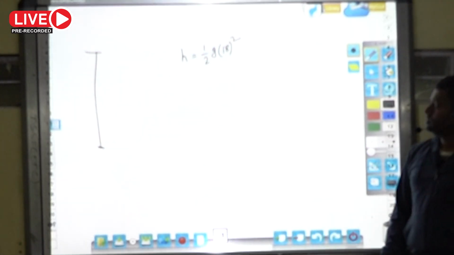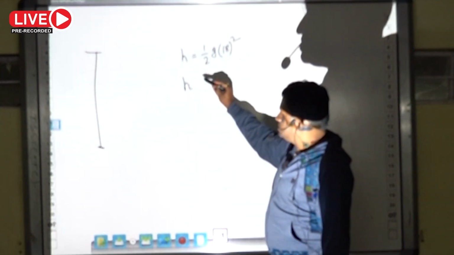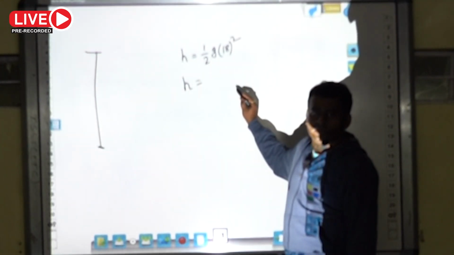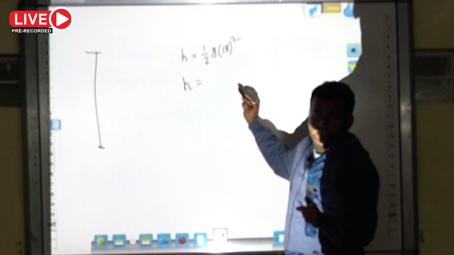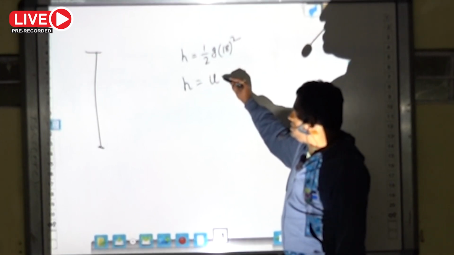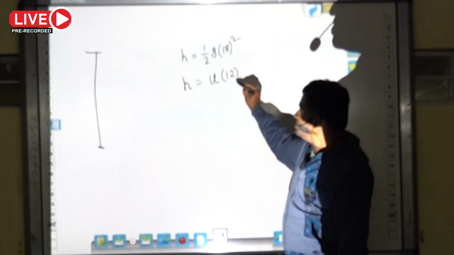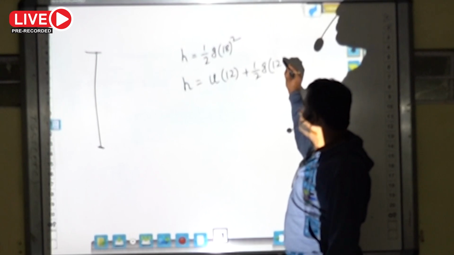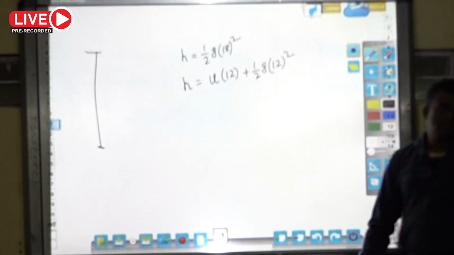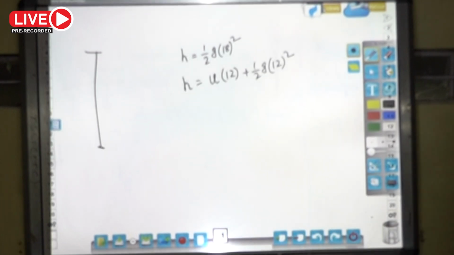The next ball crosses the same height in 12 seconds, but it is thrown down with a certain velocity. So we consider u into 12 plus half g into 12 square, because we use the equation s equal to ut plus half at square.